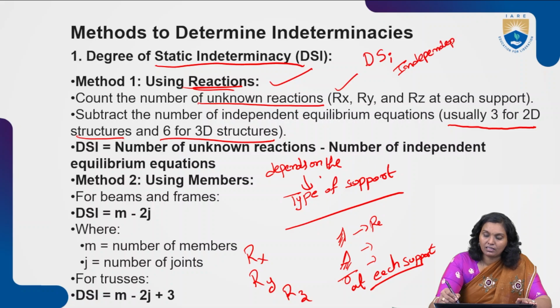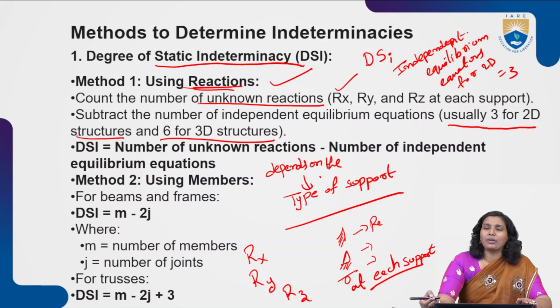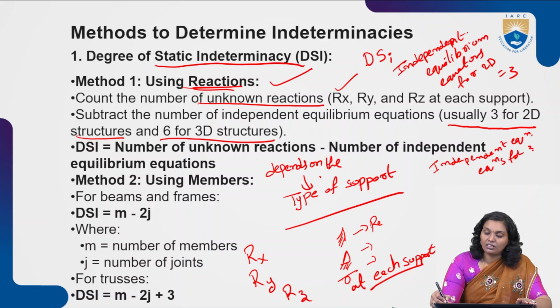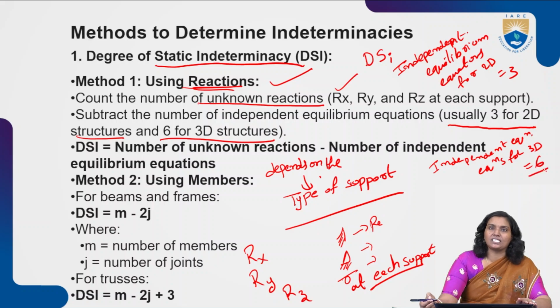The independent equilibrium equations for a two-dimensional structure equal 3, and for 3D structures they equal 6. Finding the degree of static indeterminacy depends upon these parameters.